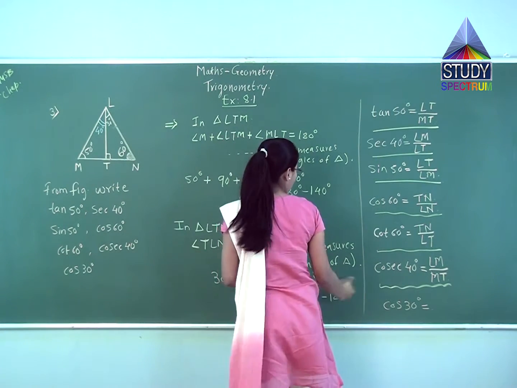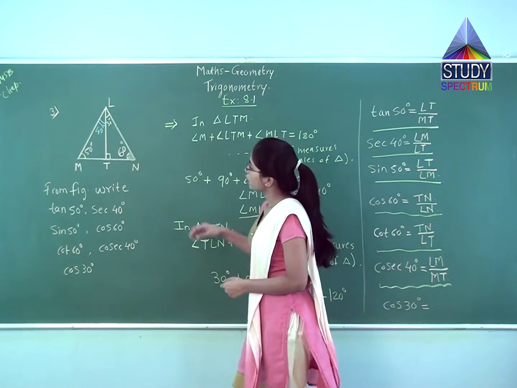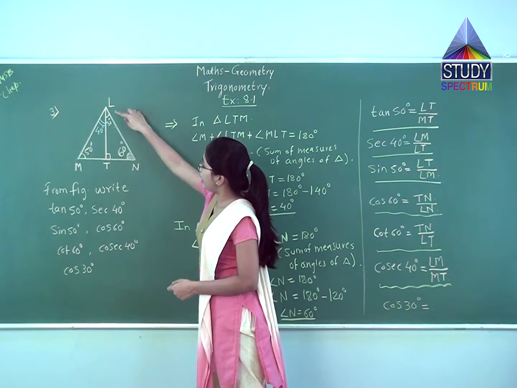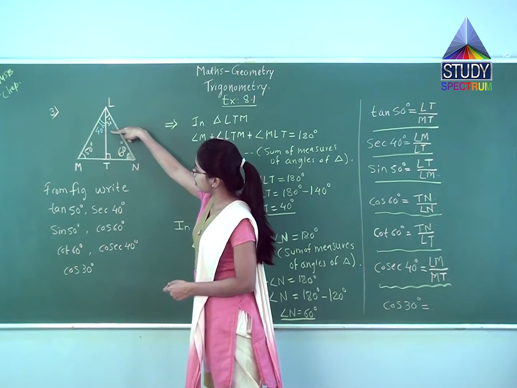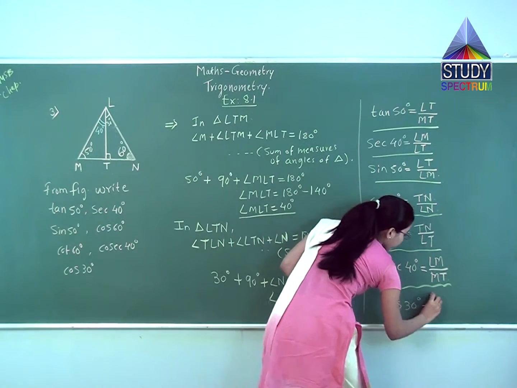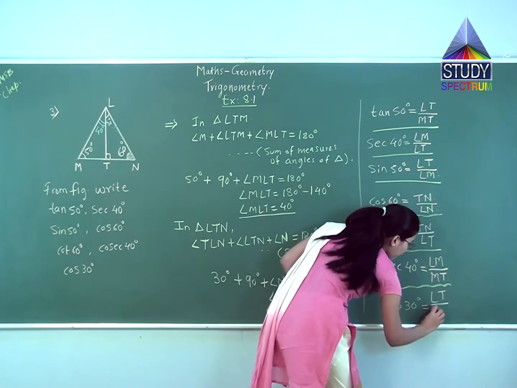What is the formula of cos? It is adjacent side upon hypotenuse. So LN is the hypotenuse and our adjacent side will be LT. So LT upon LN.